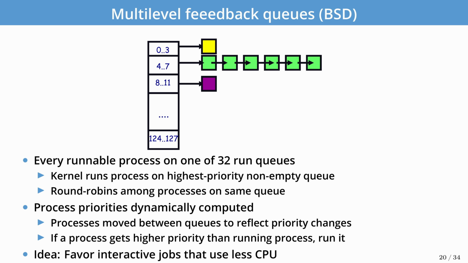What we try to do is run the process from the highest priority queue. Here you can see there's a yellow task at 0, and at 4 through 7, this is the next priority level, with lower priority tasks, and there's a bunch of them, 6 of them there, and below that there's that purple task at 8 through 11.